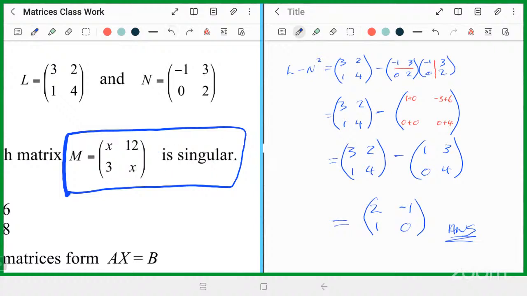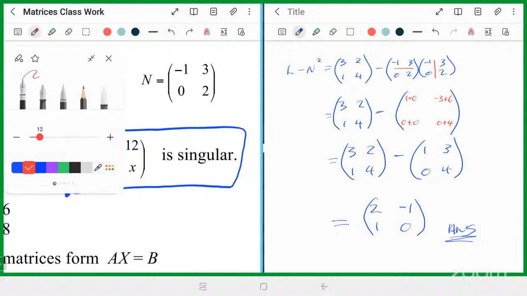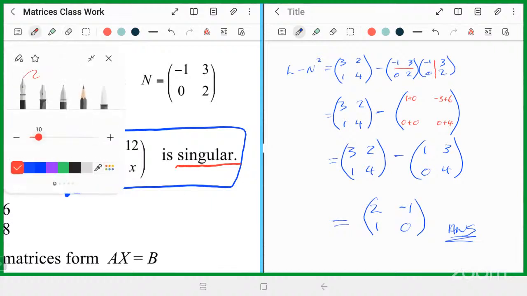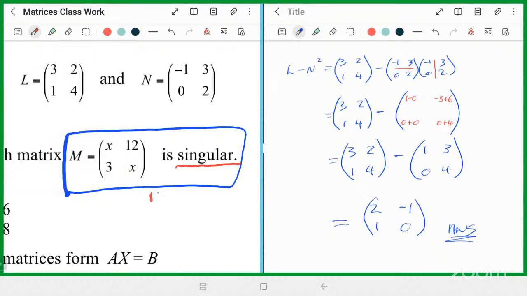Remember, a singular matrix has no inverse, because the determinant is equal to 0. So what we know is that the determinant of this matrix is equal to 0.